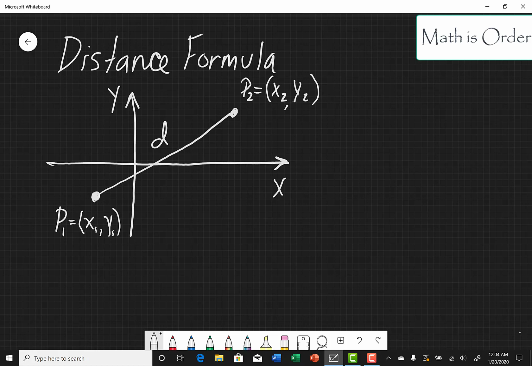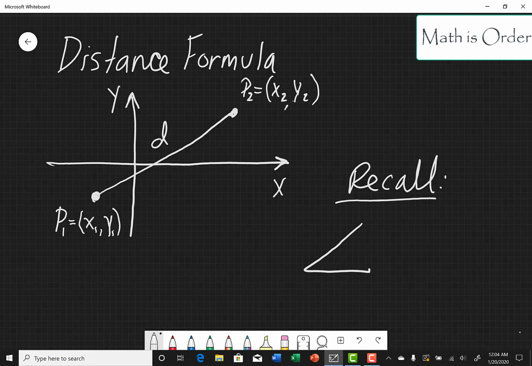Recall from the Pythagorean formula that if you have a right triangle, there's a relationship between the side lengths of that right triangle.